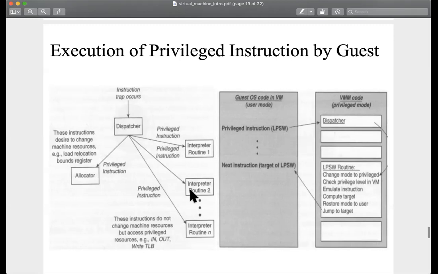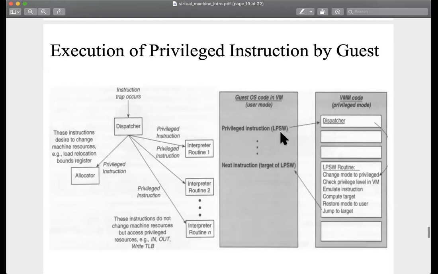the control transfer has to happen from the virtual machine into the hypervisor. So for example, here we have an instruction, load program status word, LPSW. It's a hypothetical instruction that changes the privilege level. Program status word has a bunch of state relating to the execution state of the processor.